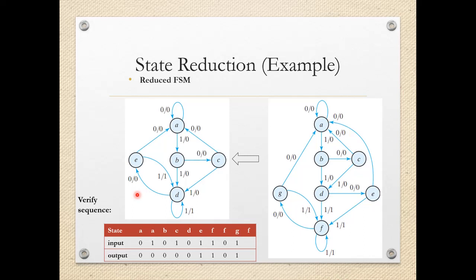When in B, if 0 comes, go to state C. If 1 comes, go to state D. When in C, 0 comes, go to state A. If 1 comes, go to state D. So this part is exactly same as this. There is no change. Now in state D, if 1 comes, remain in the same state. If 0 comes, go to state E.